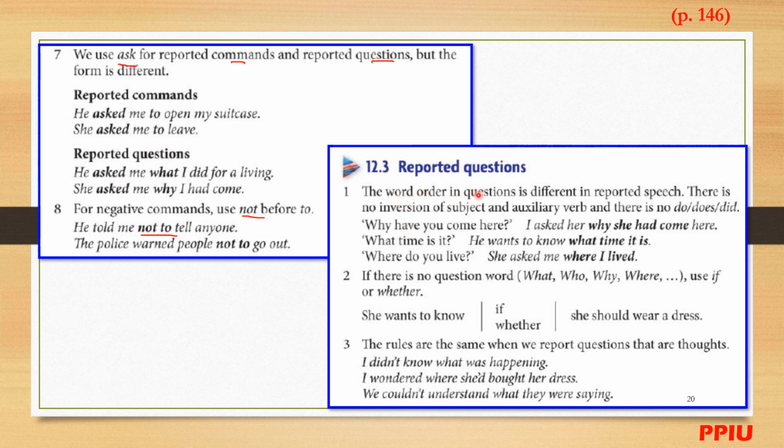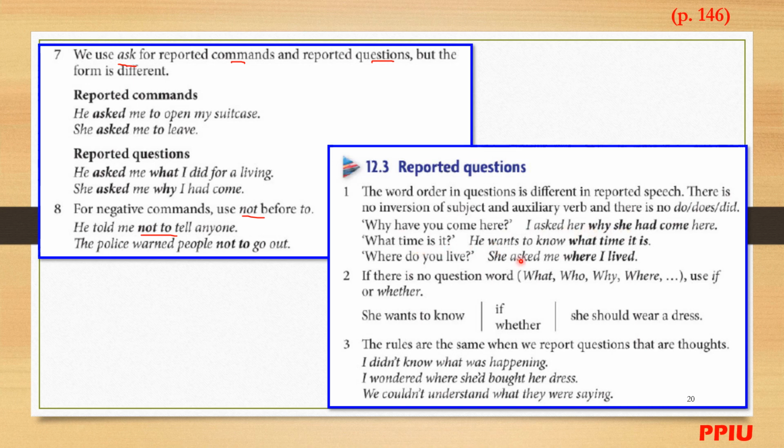Okay, reported question: the word order in a question is different in reported speech. There is no inversion of subject and auxiliary verb, and there is no do or does or did. Okay, for example, why have you come here? I asked her why she had come here. Okay, there is no inversion. It's just in a different order in here. What time is it?